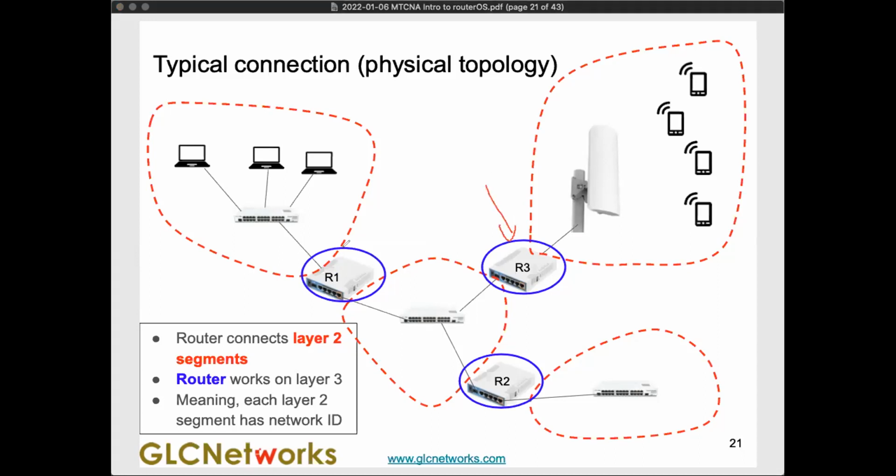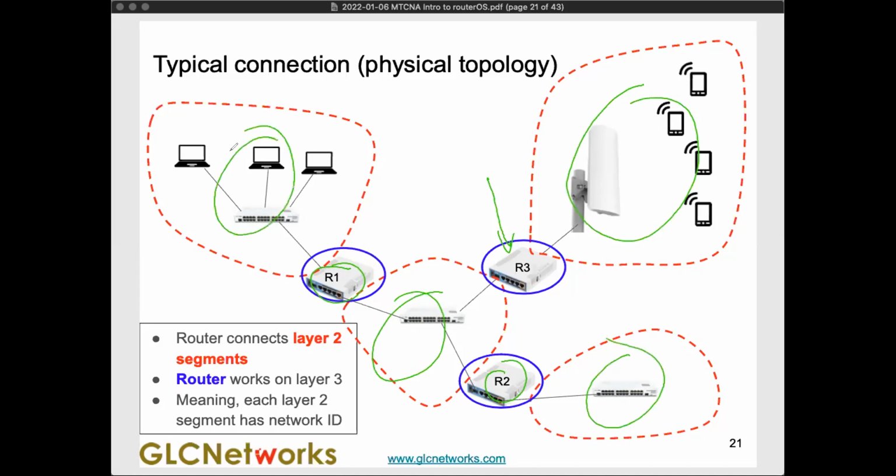So this is layer 3, this is layer 3, and layer 3 is connecting layer 2. This is layer 2, layer 2, layer 2. That's how we set up a connection.